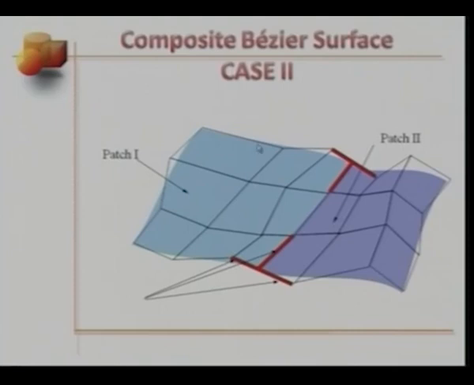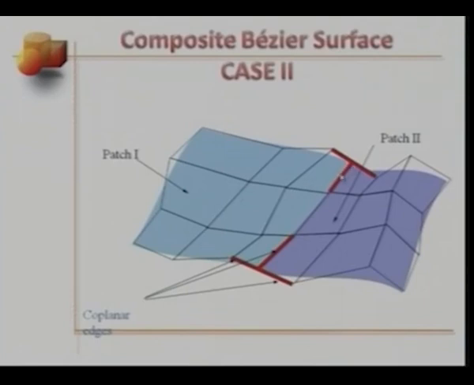The second case states that these three edges must be coplanar. Likewise, these three edges also need to be coplanar.